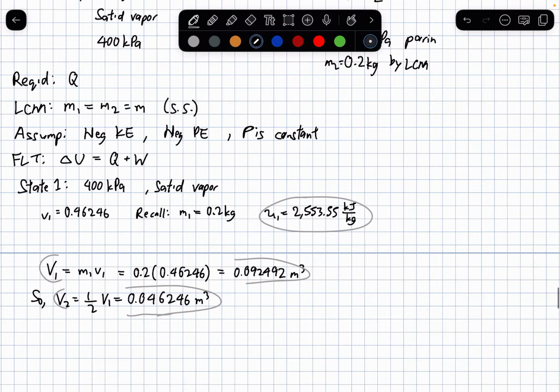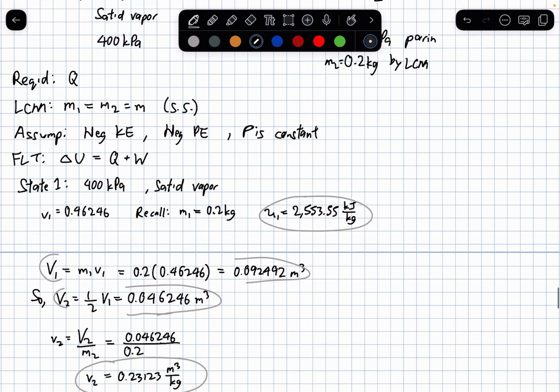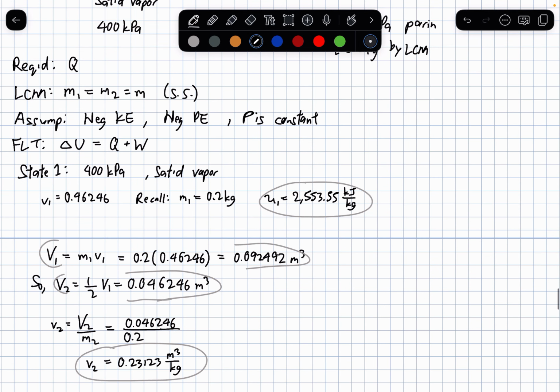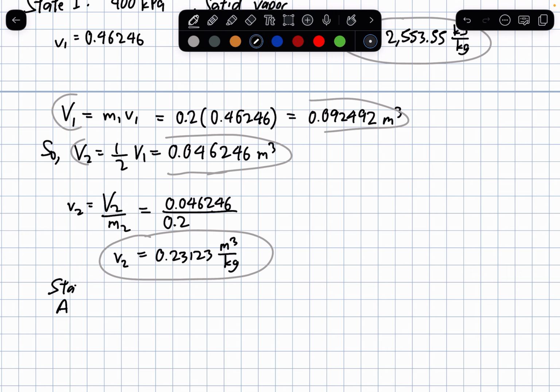We have mass 2, we have volume 2. Let's find specific volume 2. At 400 kilopascals, 0.23.